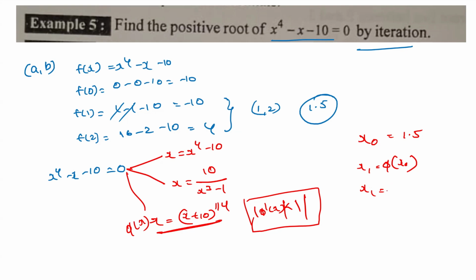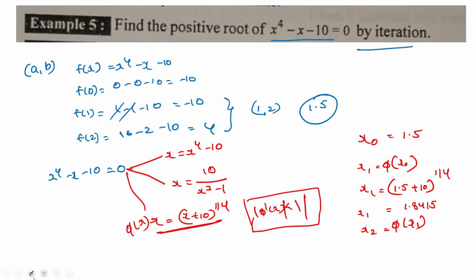What is x naught? x naught is 1.5. So 1.5 plus 10 whole power 1 by 4 is equal to 1.8415. So x1 is equal to 1.8415, and x2 is equal to phi of x1. Like this, we need to iterate until we get successive approximations.